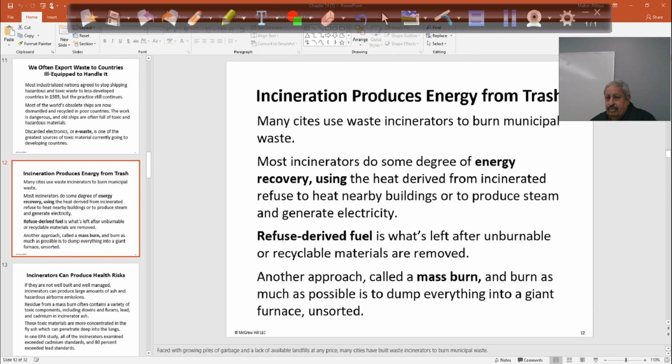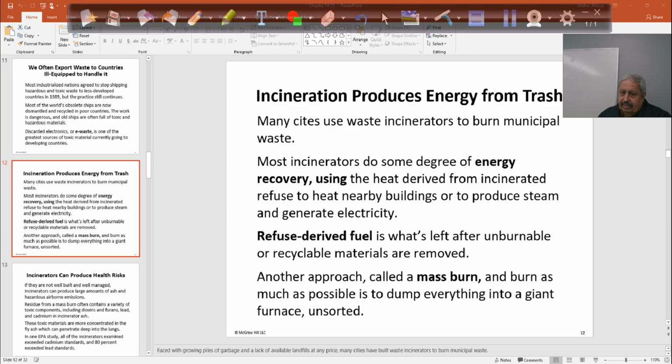Incineration means combustion. You are burning this waste at high temperatures, producing energy from trash. Many cities use waste incinerators to burn municipal waste.